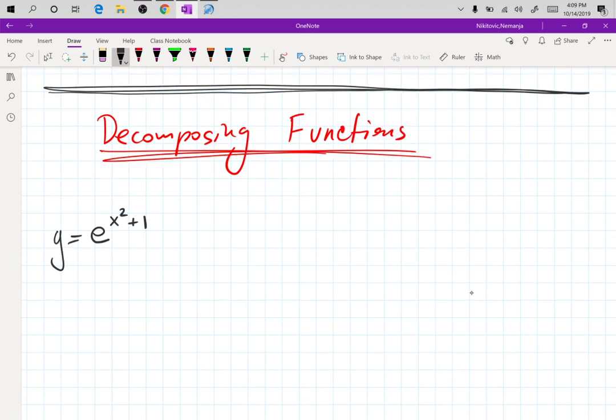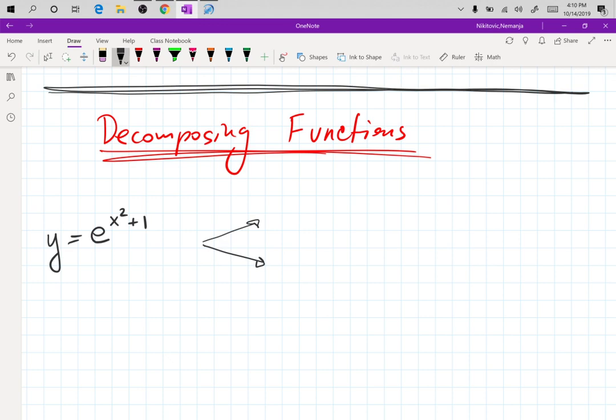Let's say y equals, right? That's your function. Y equals e to the x squared plus 1. Well, what we need to do here is to break this into what we can now see two basic functions.